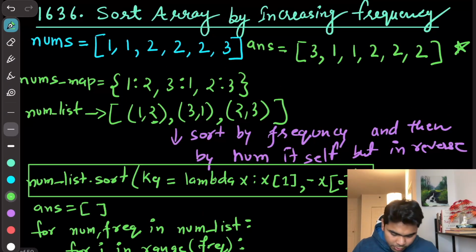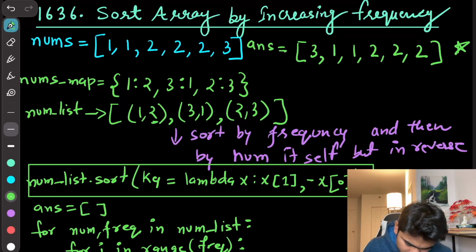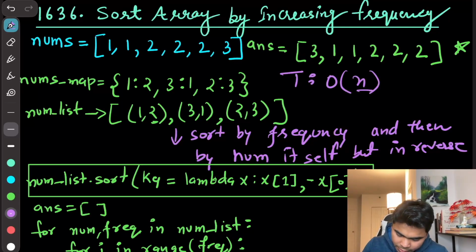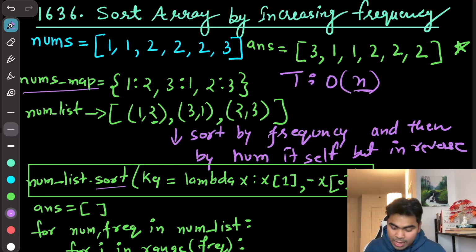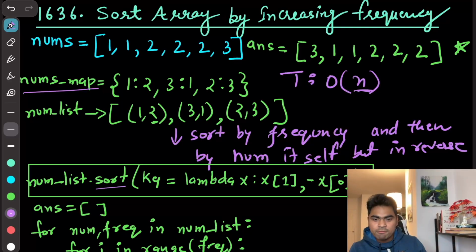Okay, so here you can see that the time we're going to take to build our solution is big O of n time complexity, because at max, first we are creating this map that's going to take big O of n, and then we are sorting it. Well, I forgot about sorting.